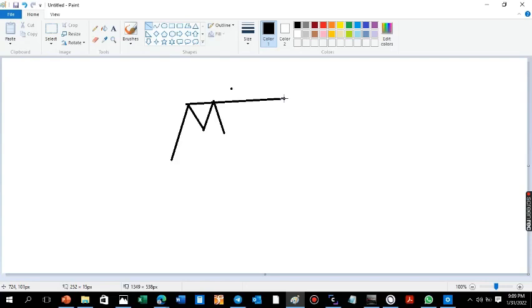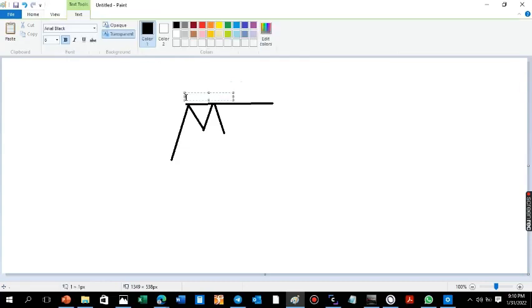Then we're supposed to sell the next time the market comes to this level, right? So you have something like this, right? And then we are told sell on the third resistance, okay? We are told to sell on the third time the market is going to come to this level, right?